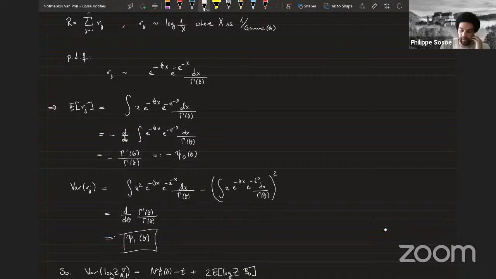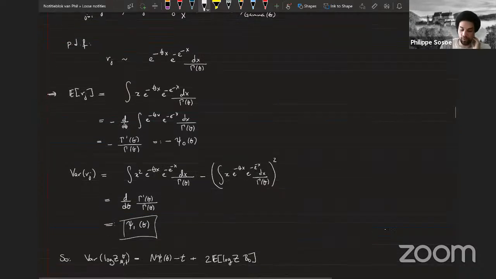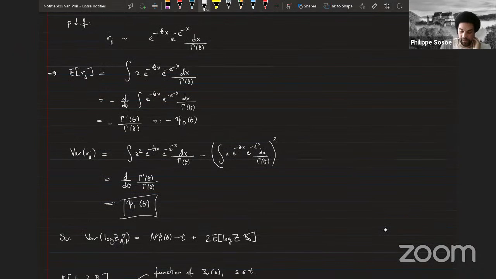We're going to give that variance a name. We're going to call that ψ_1. ψ_1 is the derivative of the logarithmic derivative of the gamma function. We're going to call that logarithmic derivative of the gamma function ψ_0, and ψ_1 is its derivative. Its derivative is equal to the common variance of the R_j's.